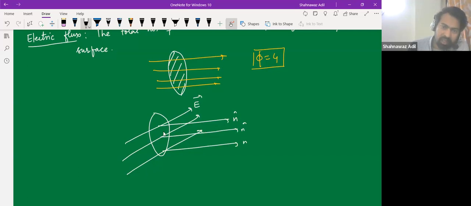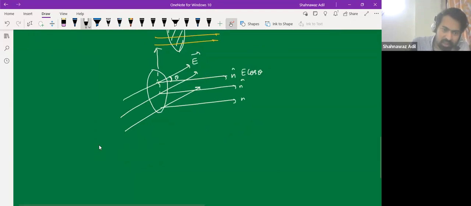So we will count the normal component of this electric field. Electric field will have two components. This is theta, so one would be perpendicular and one would be normal. So this is E cos theta, and flux is defined as E dot A, which is E A cos theta. This is the dot product.